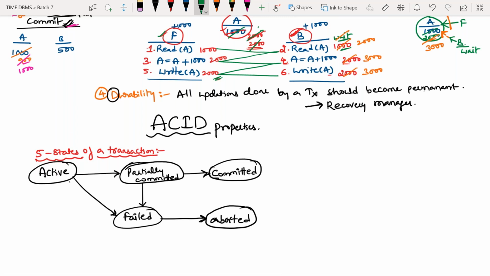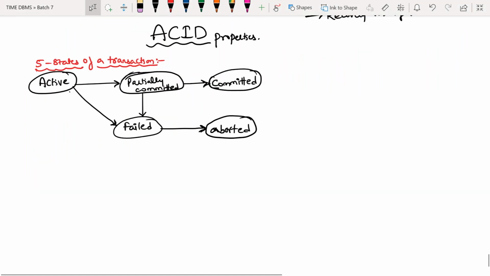The way of executing the operations of transactions is called a schedule.